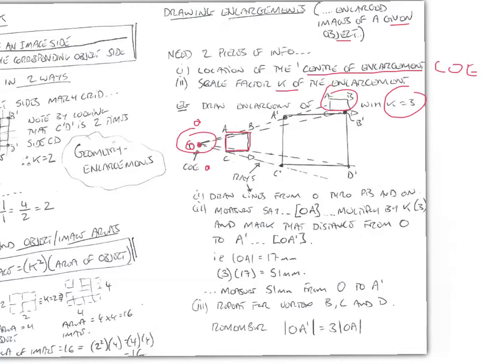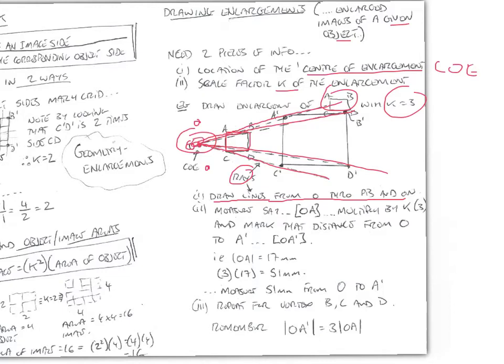The next thing to do is to draw these lines, or rays as we'd call them, these dotted lines, from O through A all the way through, and also from O through B, O through C, and O through D all the way through. That's the first thing you need to do, draw lines from O through each point and onwards.